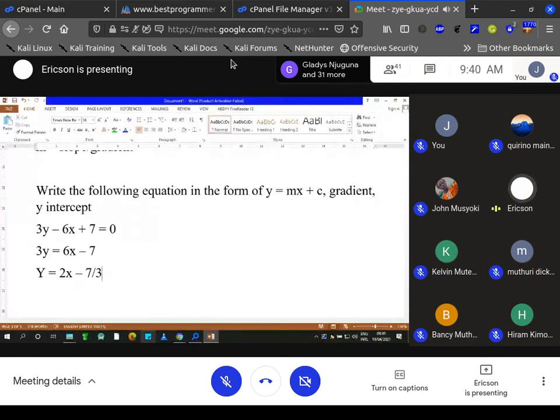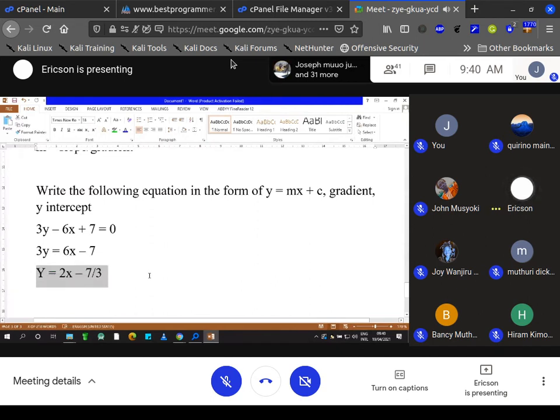So let's go straight to drawing the graph. Let's use this equation to plot a graph.